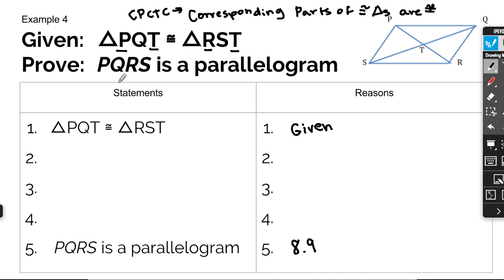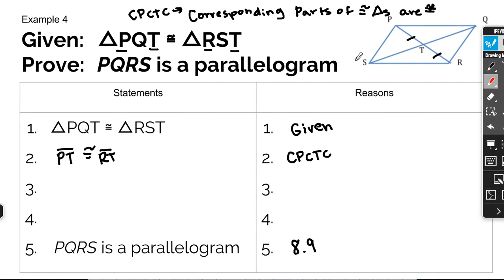So just naming it by how the triangles are named, that would be PT is congruent to RT, going first to last, and that's going to be by CPCTC. So let's go and mark those. So we have one bisector at T. Right now we can say that point T is a bisector, or a midpoint.